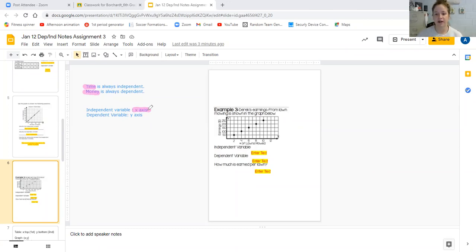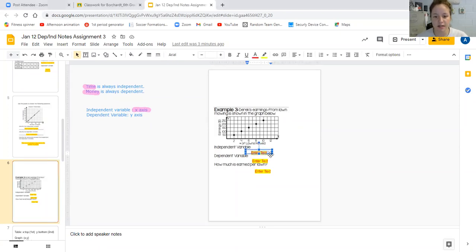Maria, what's our independent variable? Number of lawns. Very good. It's our number of lawns mowed. Okay, now our dependent variable is going to be what, Ezekiel? The earnings.